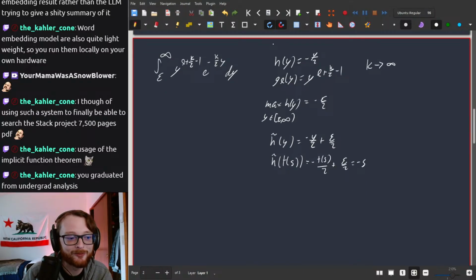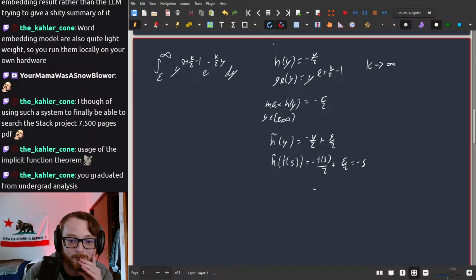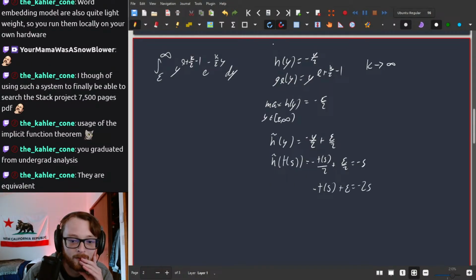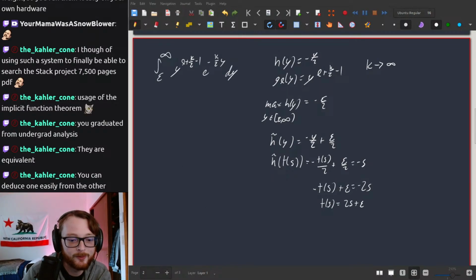I can't remember if it was implicit or inverse. So I guess we just solve this for t of s, and hopefully good things happen in life. They're equivalent? Oh. Can deduce one easily. What is the inverse function? Oh, it's just that the inverse function exists in... I guess that'll make sense.